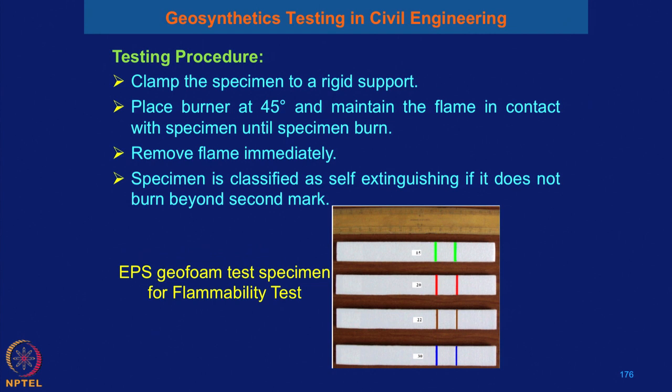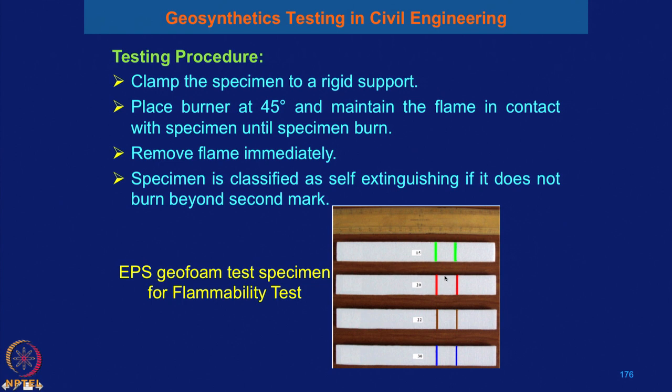I will show you the two marks and up to which mark it should go. Then you will be able to say that it is self-extinguishing, and if it goes beyond that, then the sample will not be considered.